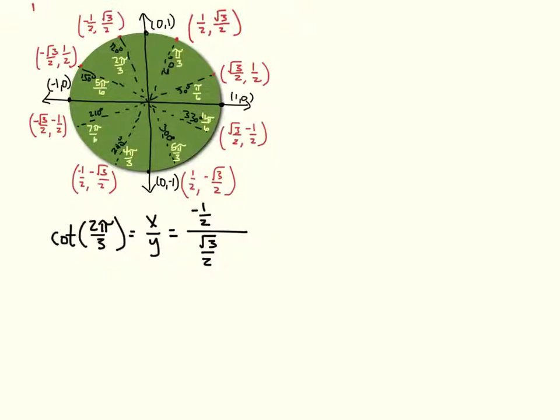I'm dividing fractions, so I'm going to take that negative 1/2 and multiply it by 2 over the square root of 3. The 2's cancel. And now I have negative 1 over the square root of 3. I have to rationalize the denominator, so I multiply by square root of 3 over square root of 3. And I get negative square root of 3 over 3.